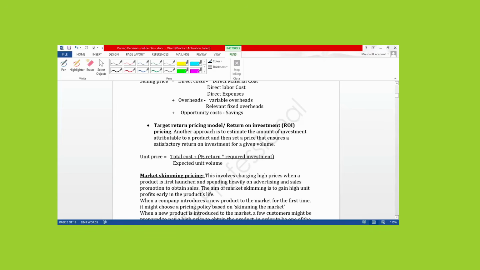What are these strategies? One is market skimming pricing strategy: the strategy of charging a higher price when a product is launched to the market for the first time.